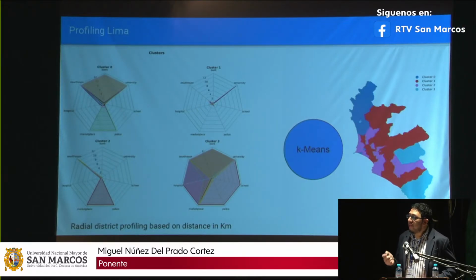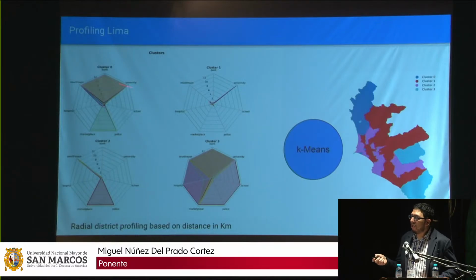So we can see for the first cluster, in this radial graph, the distance, and how much they have to go using public transportation to reach different amenities, different public services.